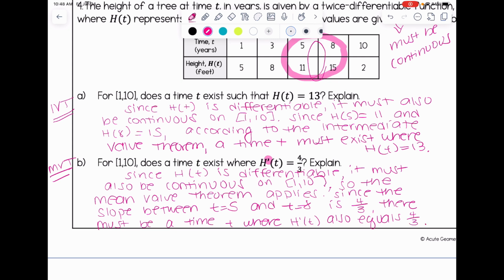So essentially, since there's a time period where the average rate of change is 4/3, there also must be an instantaneous rate of change where the change in height of the tree is equal to 4 over 3.